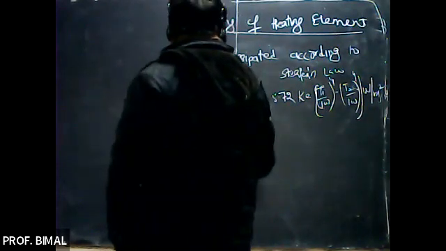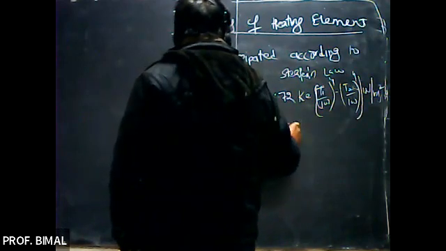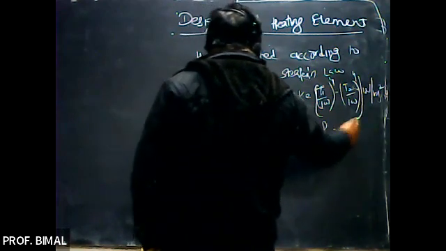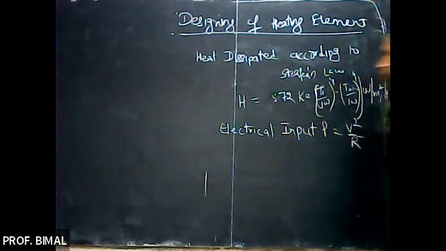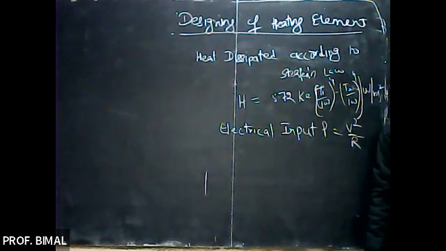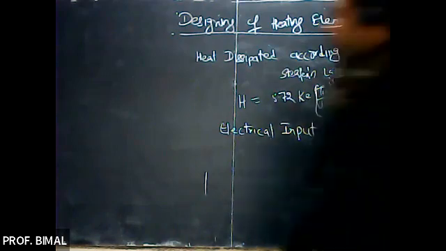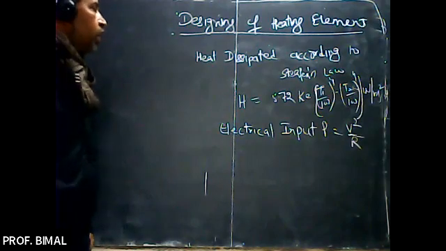The electrical input will be given by P = V^2/R, where V is the supply voltage and R is the resistance of the heating element.